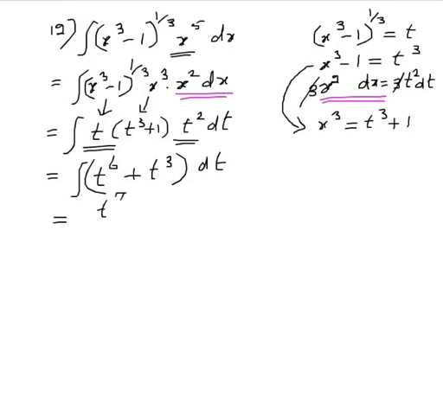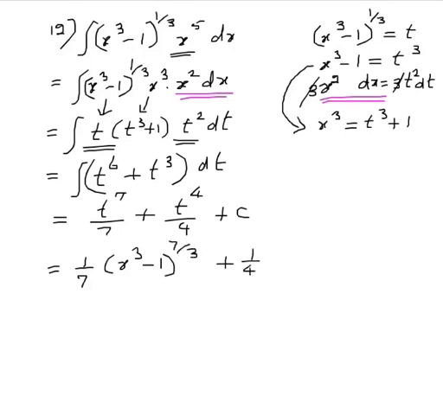Integral of t⁶ is t⁷ by 7, and this is t⁴ by 4, plus c. Substitute for t: (x³ − 1) power 7 by 3, and plus 1 by 4 times (x³ − 1) power 4 by 3, and plus c.